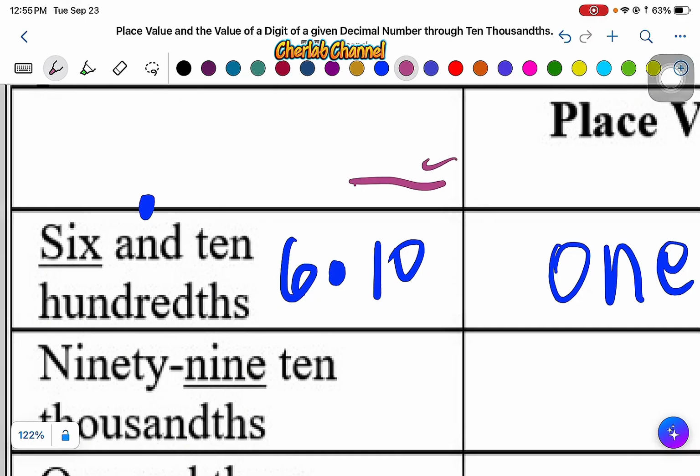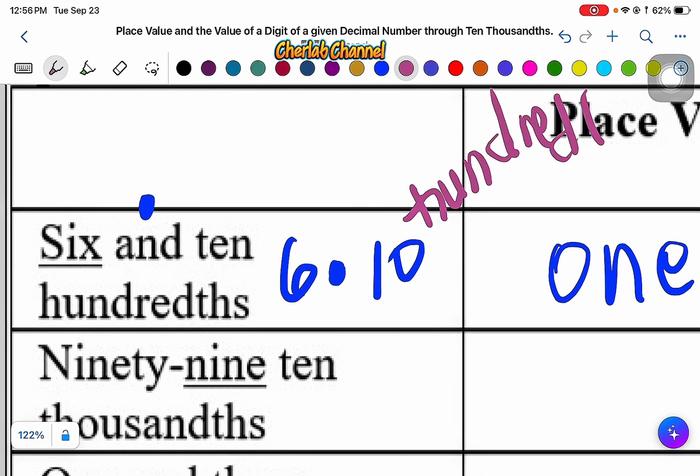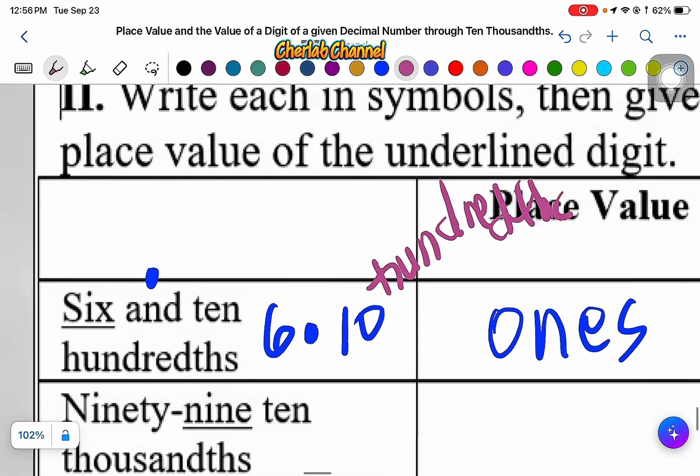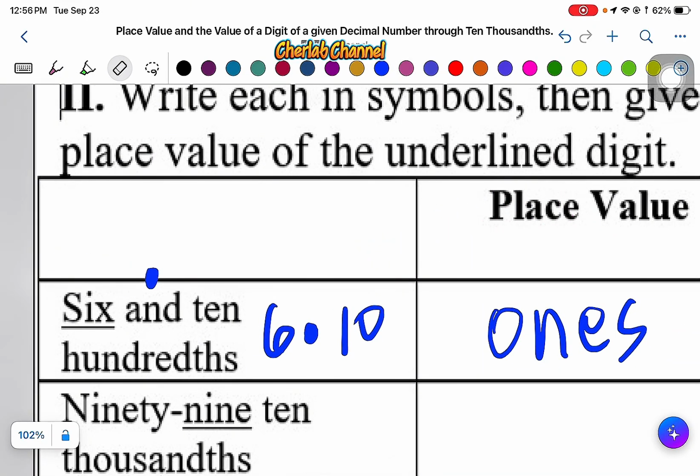Again, papuntang kanan, so magsisimula tayo kay decimal point as ones, tens, hundreds. So, nagtapos kay 0, which means hundredths. Okay? Which is why it is read as 6 and 10 hundredths.